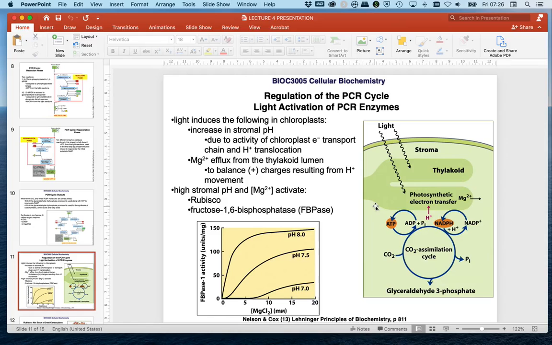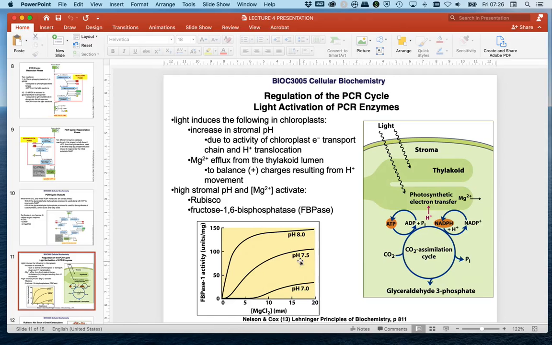That high stromal pH, because of the proton pumping, and the increase in magnesium in the stroma, activate Rubisco and other enzymes of the PCR cycle. And the one that's illustrated on the bottom left-hand side of the slide is one of the enzymes in the regeneration phase, and that's fructose 1,6-bisphosphatase.